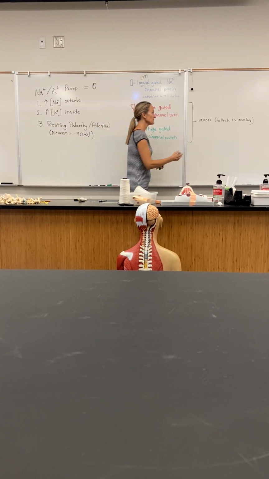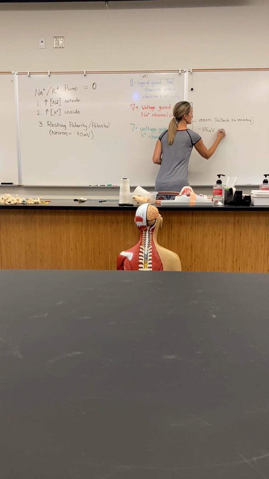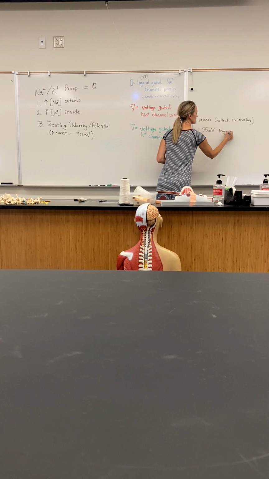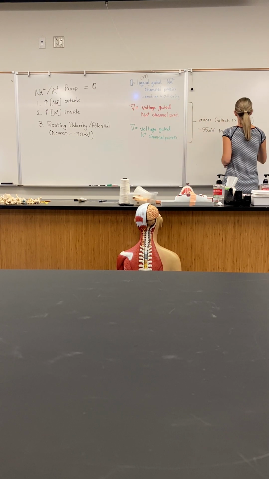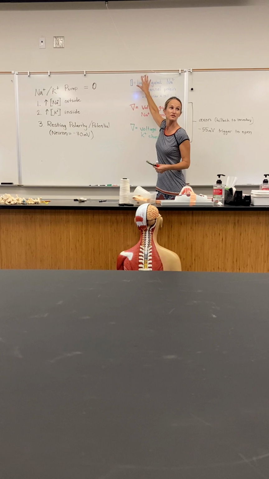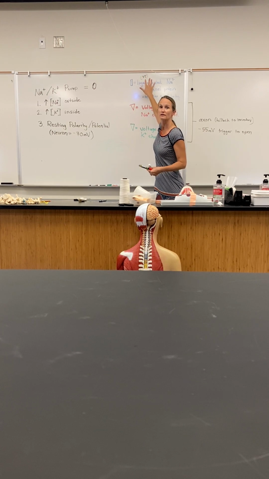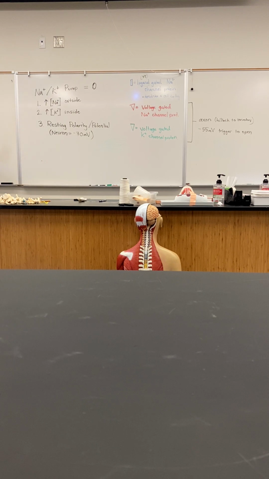And negative 55 is the trigger to open the gates. So neurotransmitter was the trigger to open this one. The voltage of negative 55 is the trigger to opening those 2. Both of them.